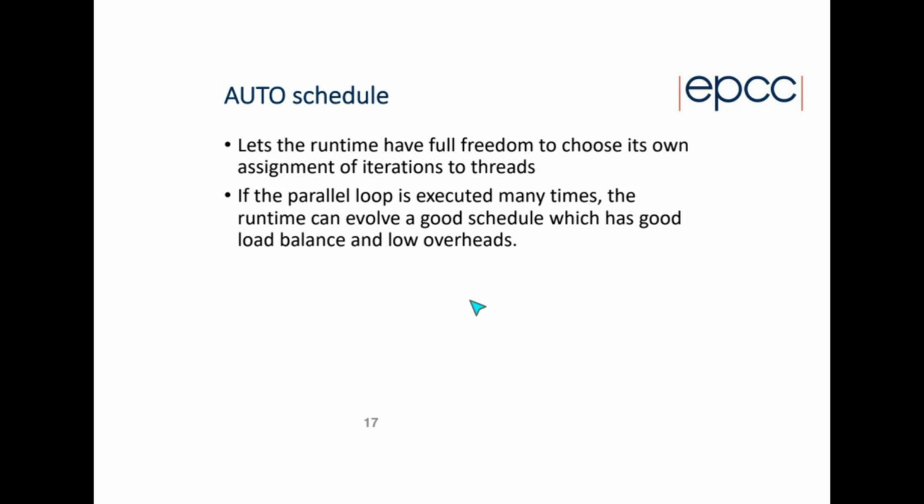The intention of this is a couple of things. One of them is that if the parallel loop is executed many times, then it's possible for the OpenMP runtime to do some dynamic learning about the loop and evolve a good schedule. It's also, and perhaps more commonly, used as a mechanism by which implementations are allowed to implement something different, but without extending the specification.